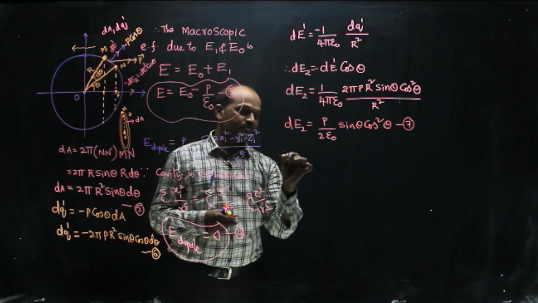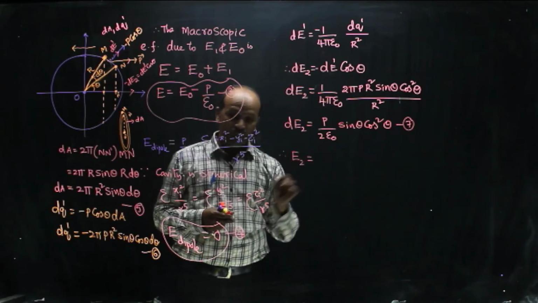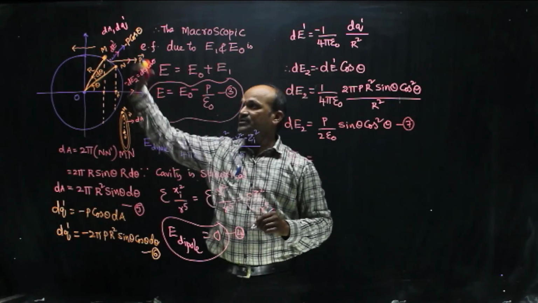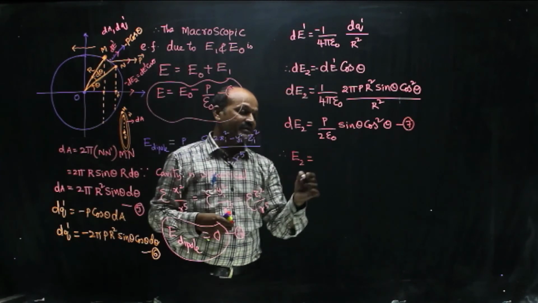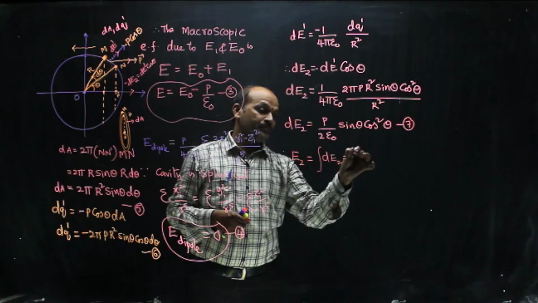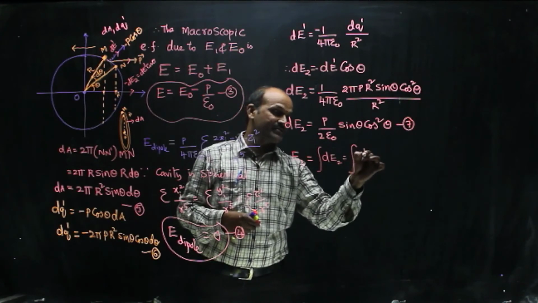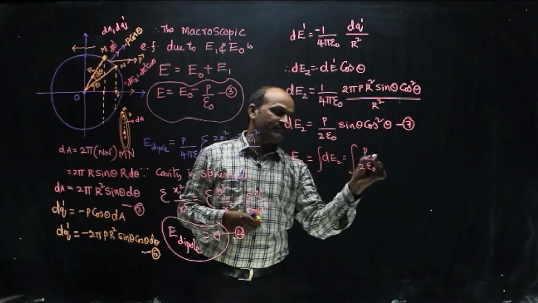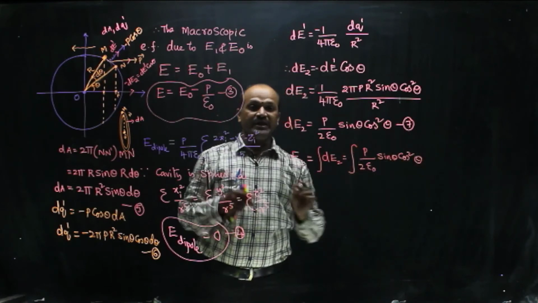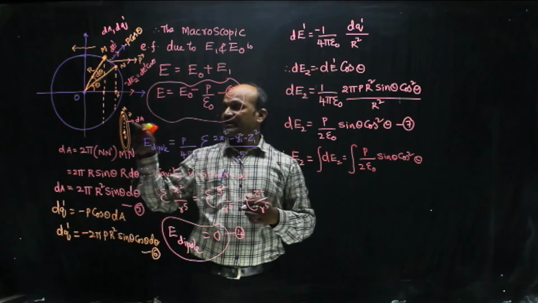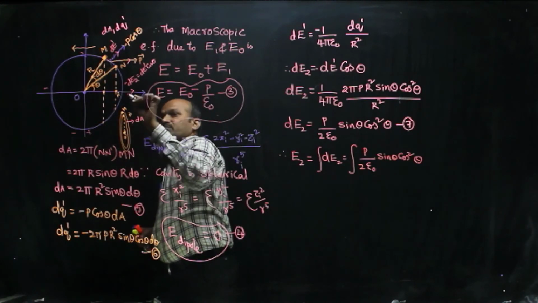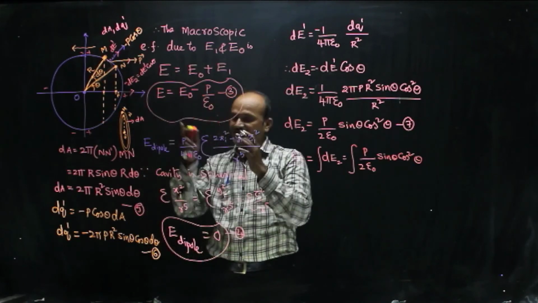So we need the electric field at O due to the charge density on the spherical cavity. For the complete spherical cavity at O, just integrate this equation. What are the limits here? Any one type of charge is distributed on the cavity, whether you take positive or negative, over half of this sphere.